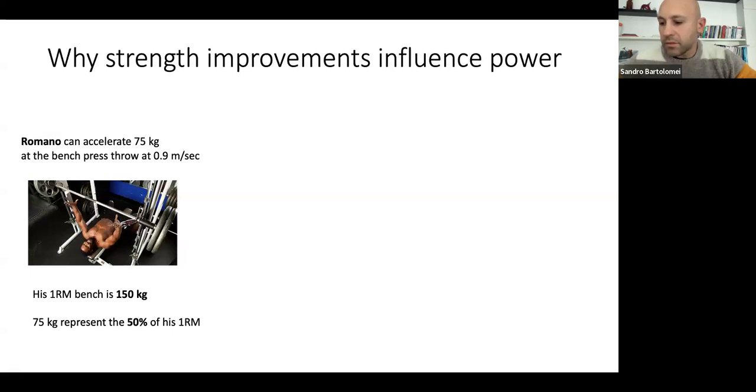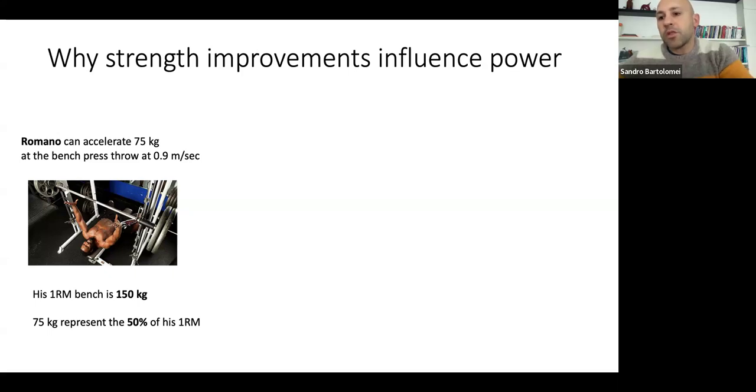Typically, some athletes that need to accelerate heavy loads, such as weightlifters, require very high maximum force. Weightlifting, of course, is sometimes considered a maximum strength sport. However, the most important characteristic is power for them.